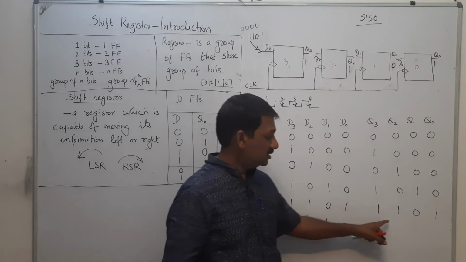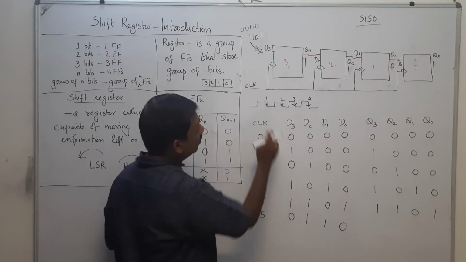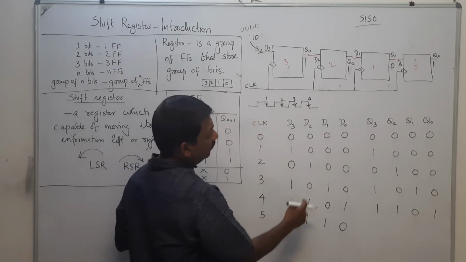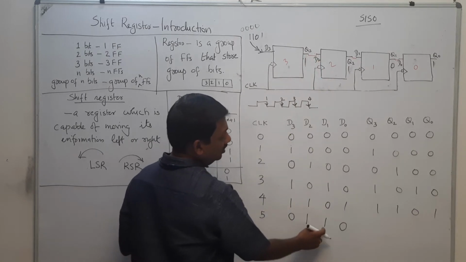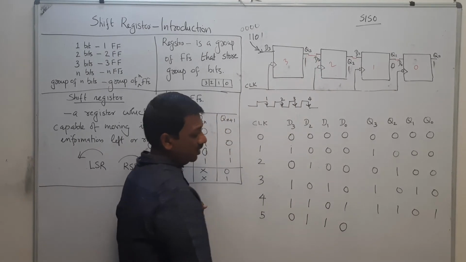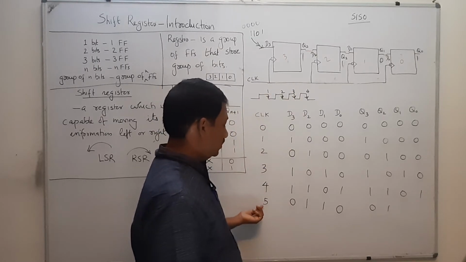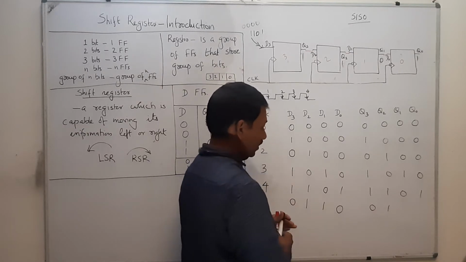And again you provide 0 as D3. The previous value of Q3 goes to D2, that is 1. This also is 1, and this is 0. For the 5th clock cycle, the values are 0 1 1 0.